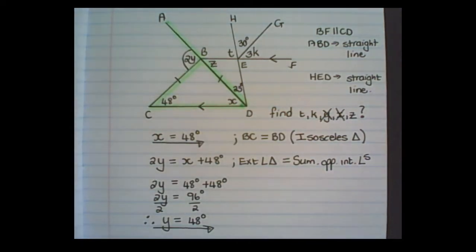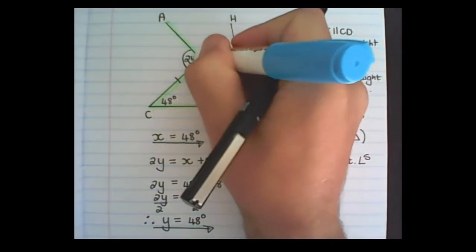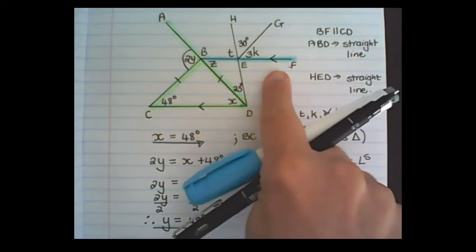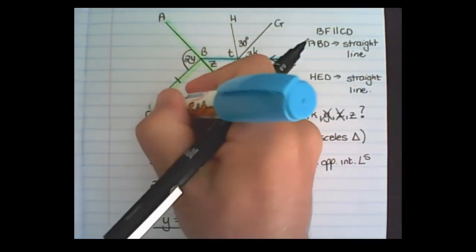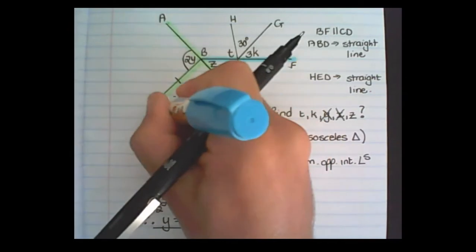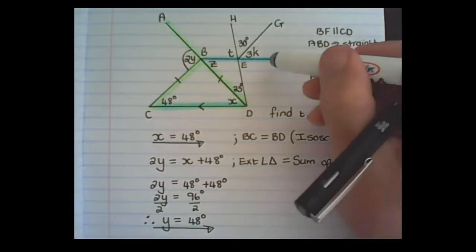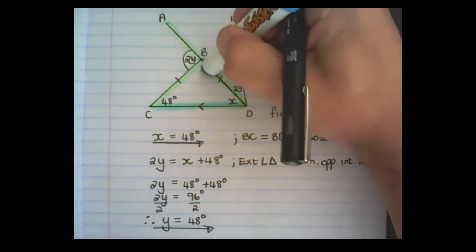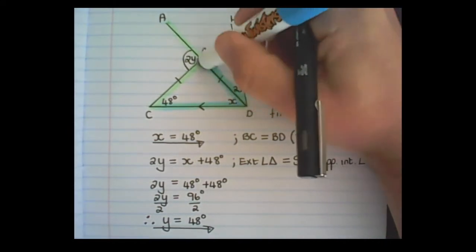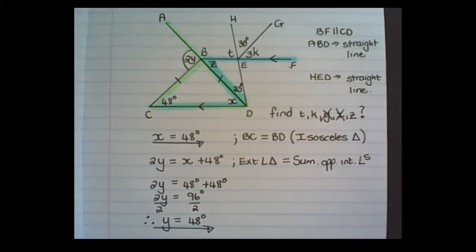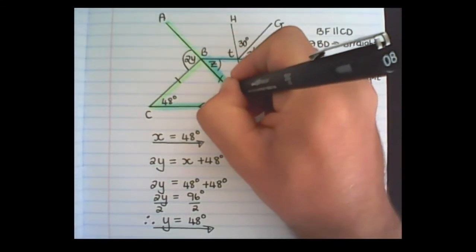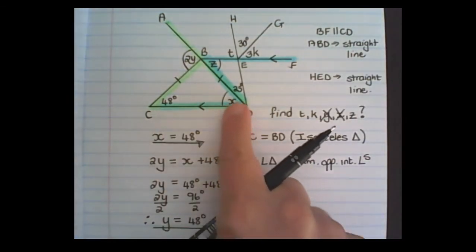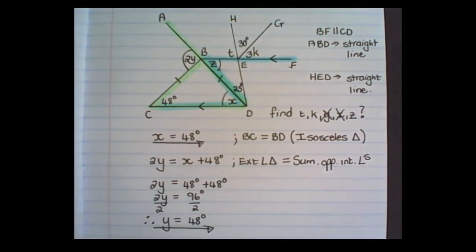But what I can see is that z is connected to the line BF. And BF is parallel to the line CD. Now I can see that between z and x, there is a connection point in that line. So z is alternate to x. And therefore, they are equal alternate angles.